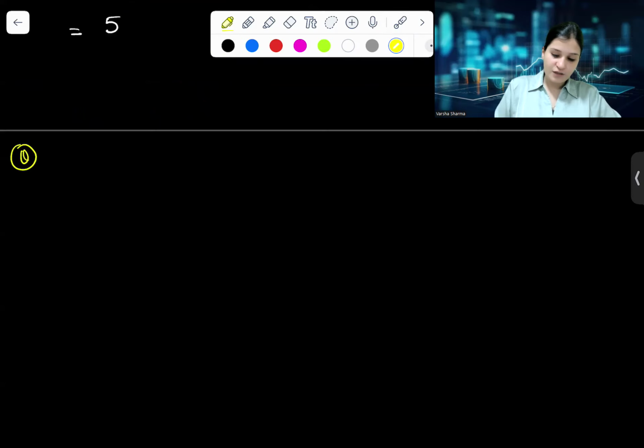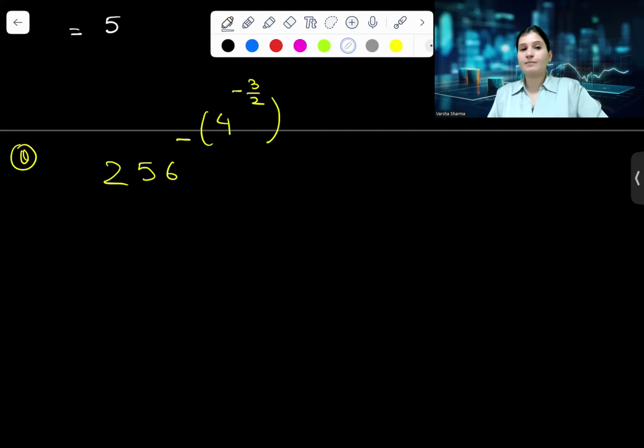Suppose the question is 256 to the power minus 4 to the power minus 3 by 2. How many floors are we talking about? 3 floors.